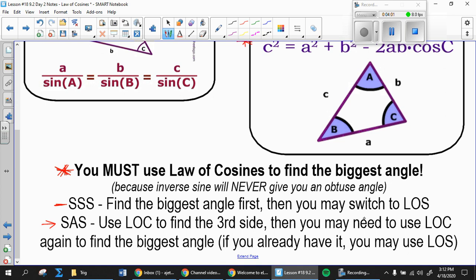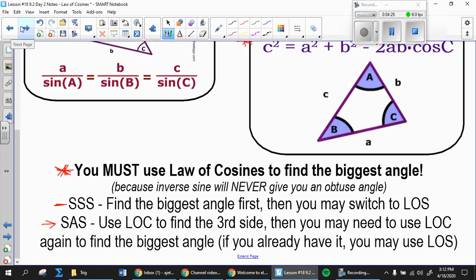We said you can't use law of sines to find the biggest angle, so we're not going to switch to law of sines if we don't have the biggest angle yet. If the problem already gives you the biggest angle, then you can go ahead and switch to law of sines. The main thing to remember is make sure you know what the biggest angle is before you switch over to law of sines.